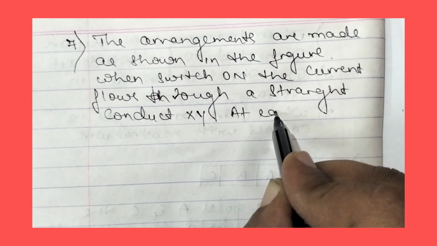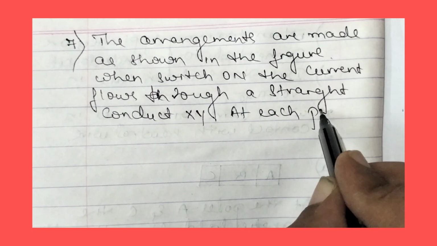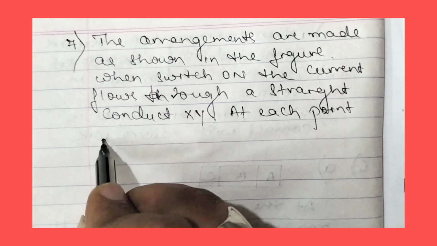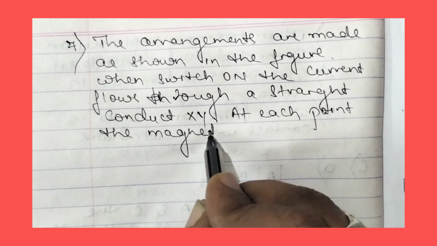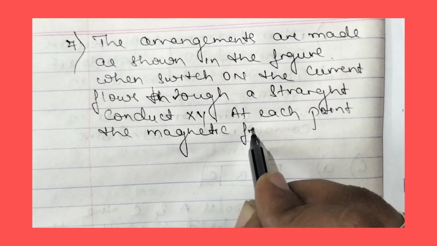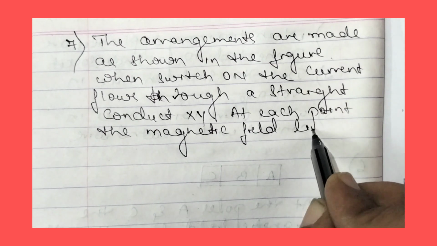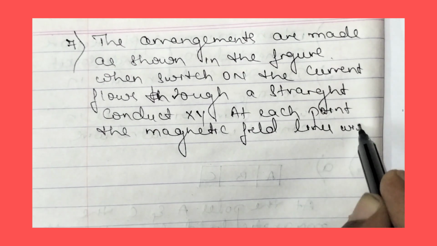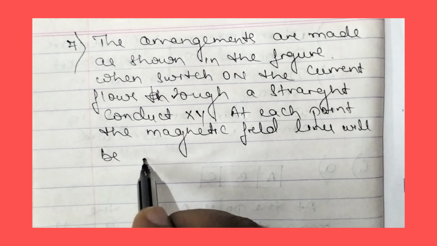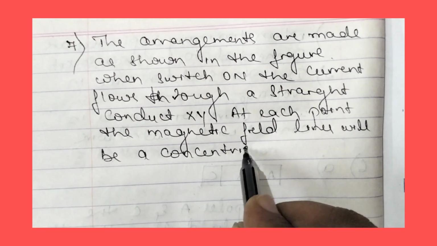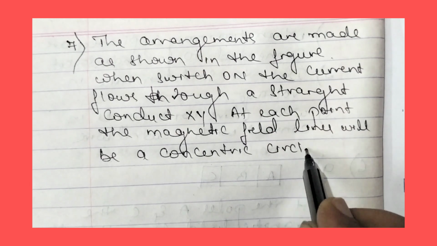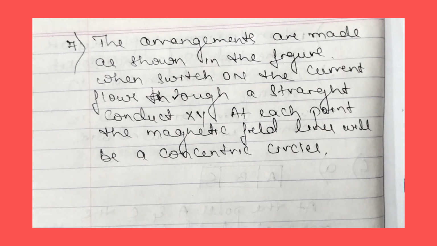At each point the magnetic field lines will be concentric circles.